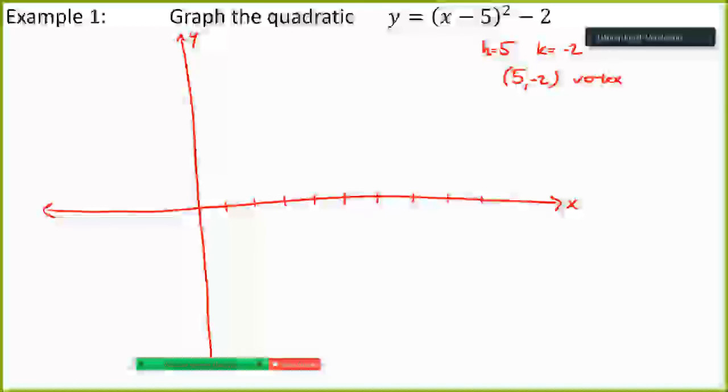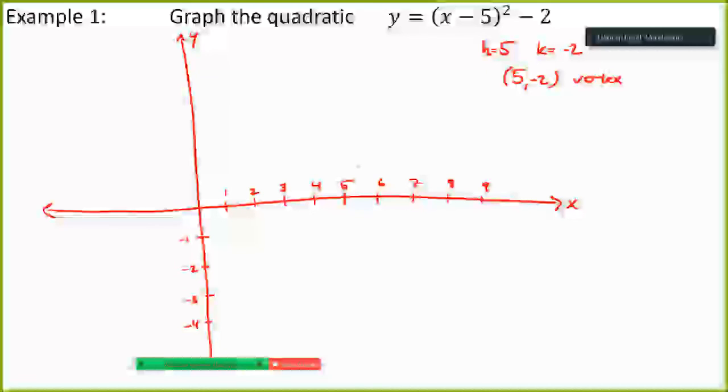1, 2, 3, 4, 5. And I guess we'll label the rest of these just so we know what's up. And then it's got to go down 2, low 2. So on the y, here's -1 and -2. Let's put a couple more in there. -3, -4, at least those.